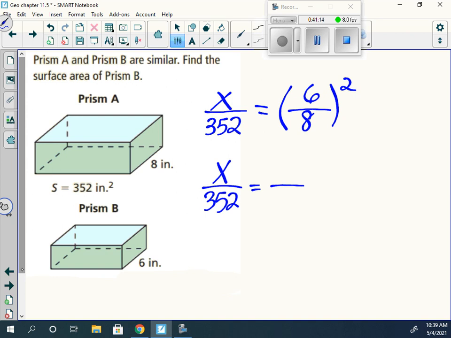And that's squared. And if we square it, it should give us 9/16 if we plugged it in. Last but not least, what do we need to do?